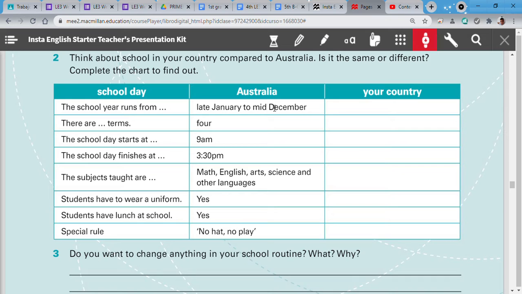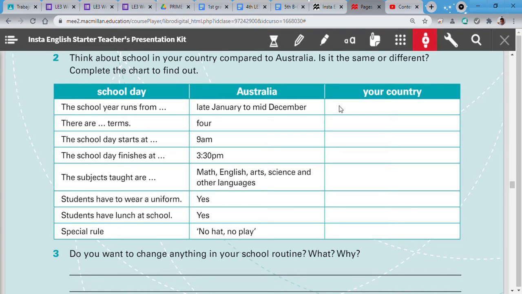Okay, in Peru, in our country, is it the same like in Australia? We start early March, because late is tarde, early temprano, early March, and we finish mid-December. So look, they start in January, February, March, April, May, June, July, August, September, October, November, December, almost all the year, but in this part they are including vacation.